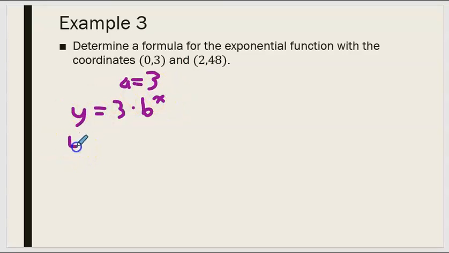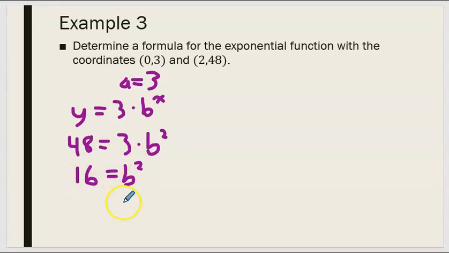So that would mean that I have 48 equals 3 times b squared. Well, in this case, I can divide both sides of the equation by 3. And then I can take the square root of both sides of the equation.